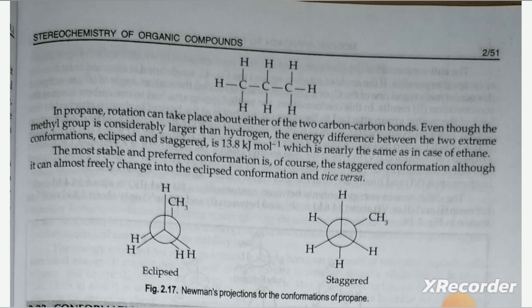Even though the methyl group is considerably larger than hydrogen, the energy difference between the two extreme conformations, eclipsed and staggered, is 13.8 kJ per mole, which is nearly the same as in the case of ethane. The most stable and preferred conformation is, of course, the staggered conformation, although it can almost freely change into the eclipsed conformation and vice versa. Figure 2.17 shows the Newman projections for the conformations of propane.